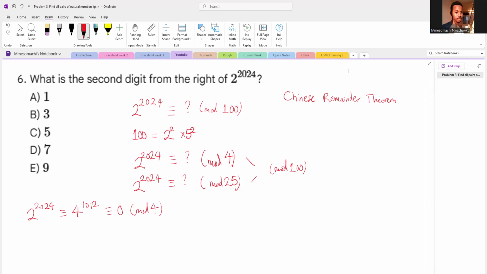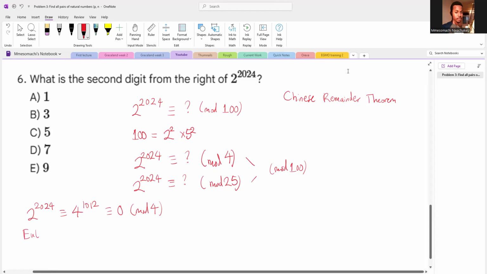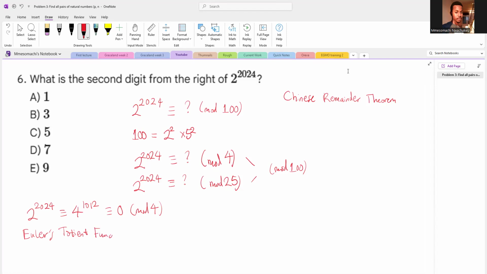Now for the second one, we can use Euler's totient function, which counts the positive integers less than a given integer that are relatively prime to it.